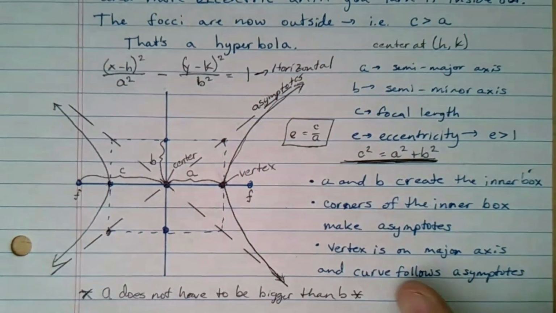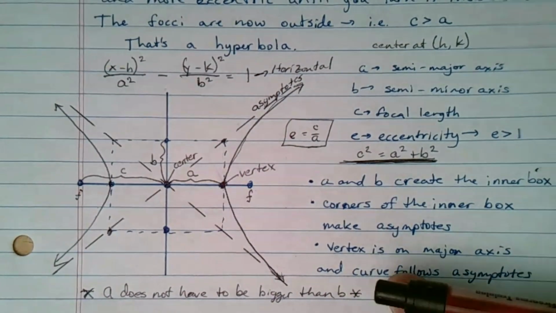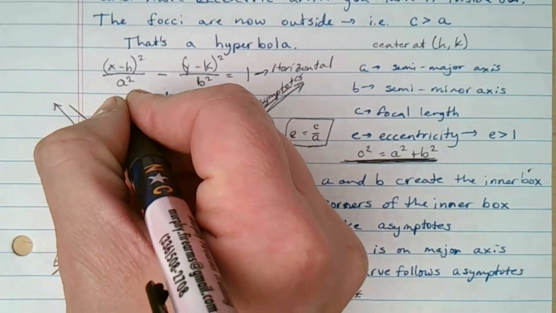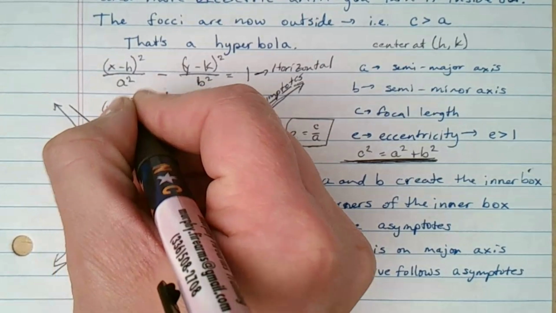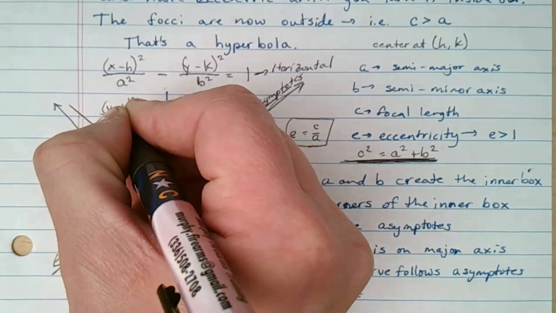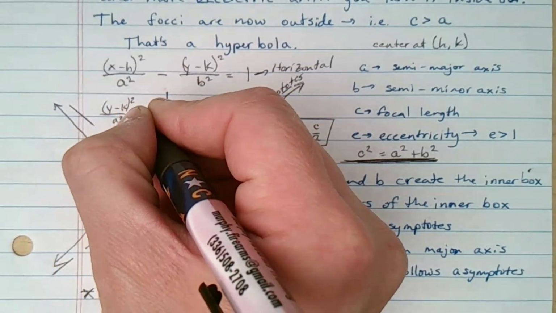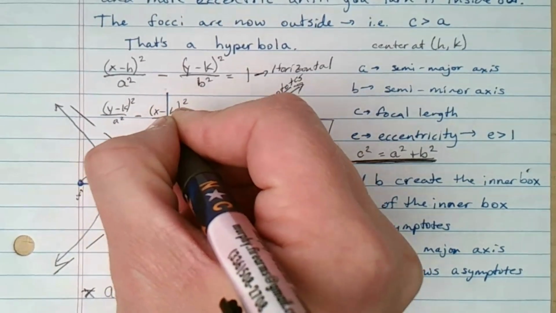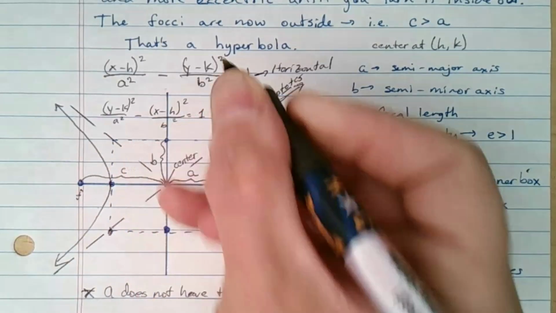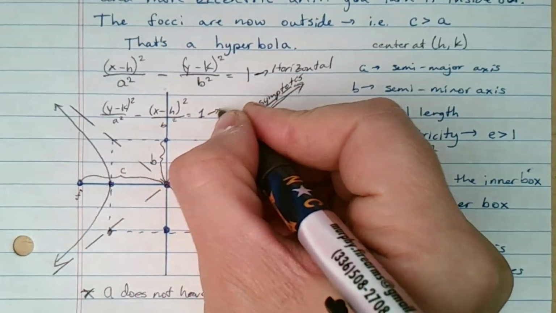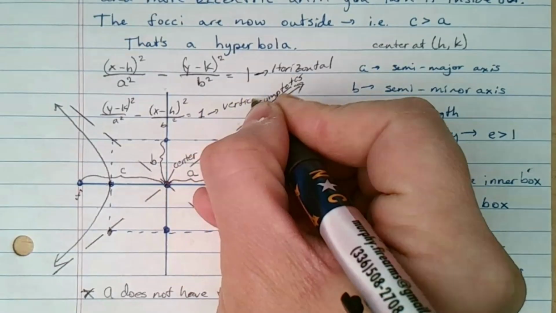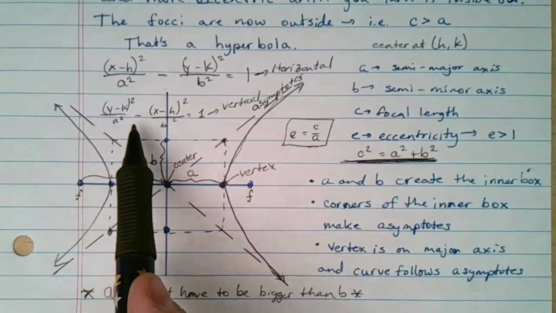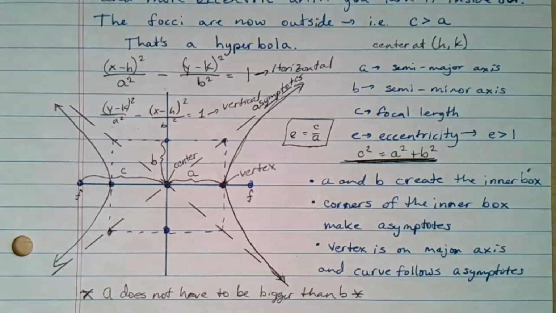If I find a tiny little space here on my paper to write it, if I wrote (y − k)² over a² — it doesn't matter whether it's a² or b² — minus (x − h)² over b² equals 1, this would be a vertical hyperbola. It would be vertical because it is in the form of y minus x.